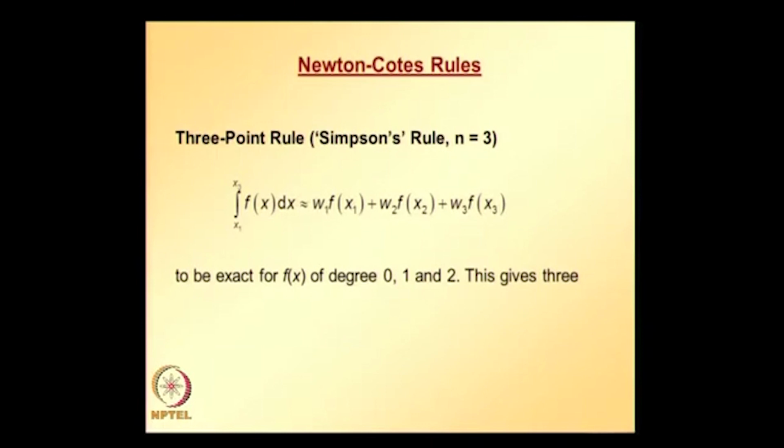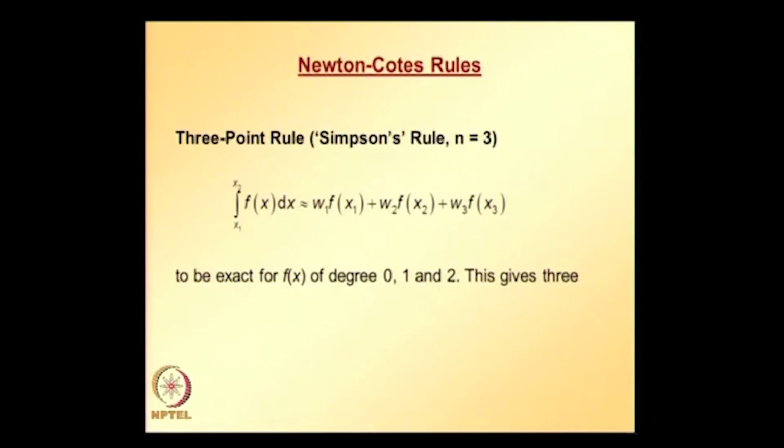Let us see how we can evaluate these w1, w2, w3, and that procedure that we are going to follow for evaluating these weights is going to be a general procedure, which also helps us to understand how in Gauss quadrature the locations of integration points and weights are obtained.